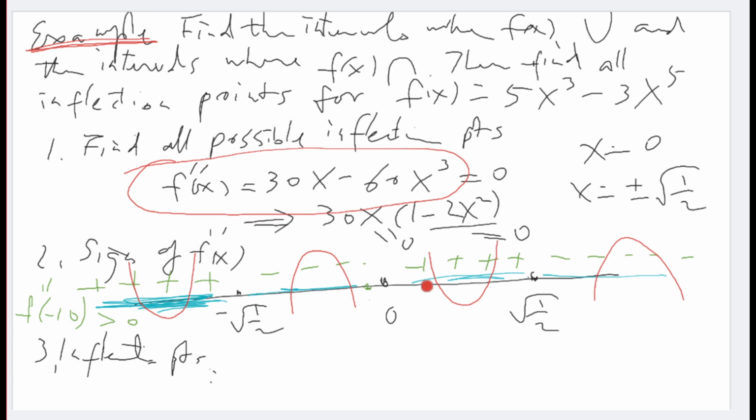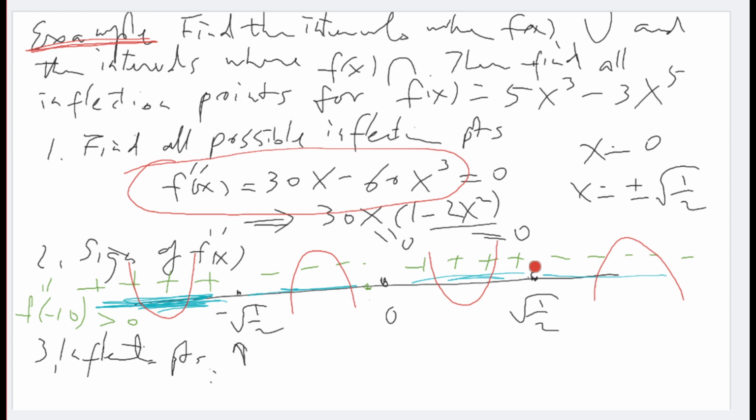Indeed, crossing this location from up to down, there's a change of concavity, so we expect an inflection point here. Similarly, crossing 0 from down to up, there's a change, and here from up to down, there's a change. So we expect an inflection point there.